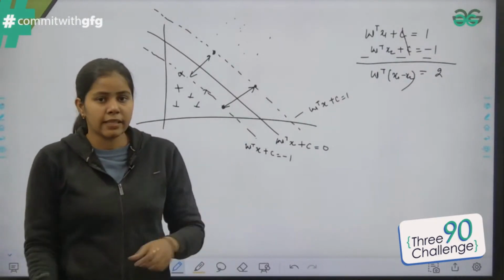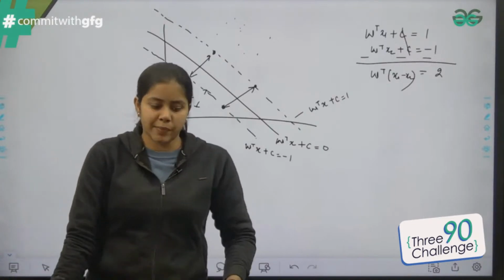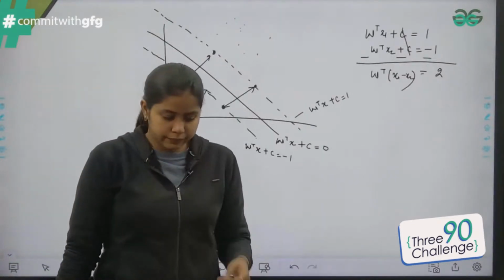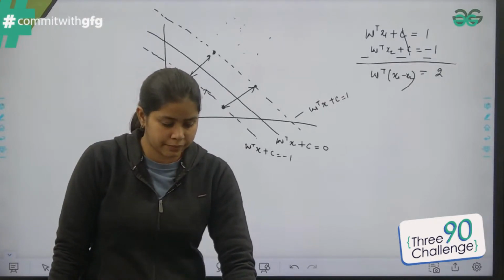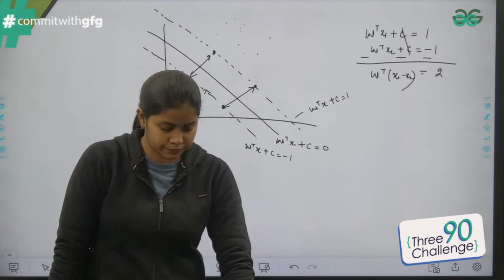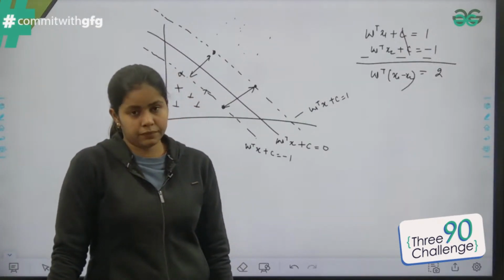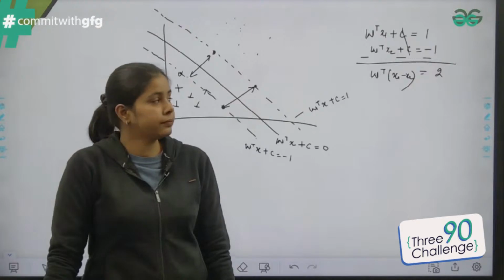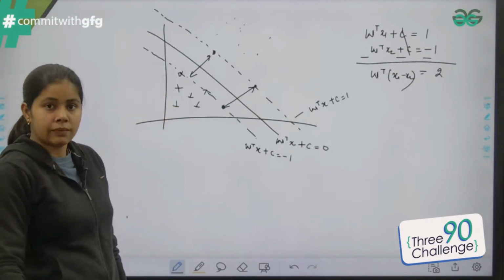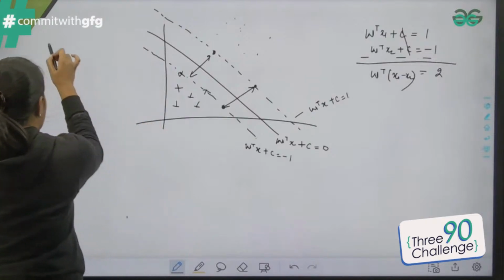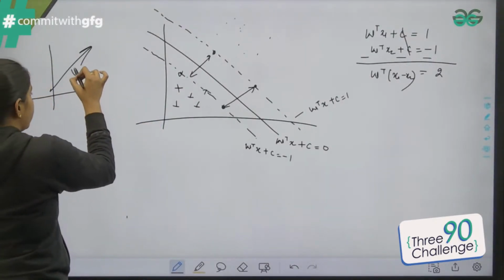Just one thing, guys. Can anybody tell me what is a vector and what is its magnitude? Let's suppose this is a vector v, right?